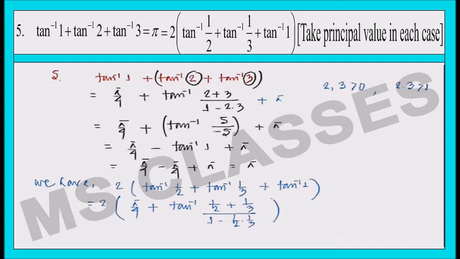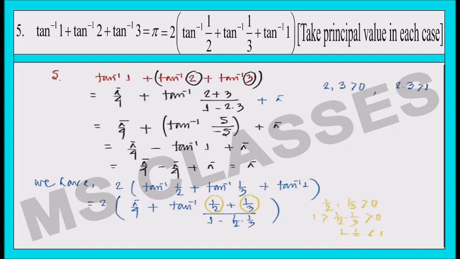Now here you can see x and y both are positive, that is half and 1 by 3 greater than 0. Half into 1 by 3 is greater than 0 but less than 1. Or you can directly write here that 1 by 2 into 1 by 3 is less than 1. That's more than enough, because the condition is xy has to be less than 1.